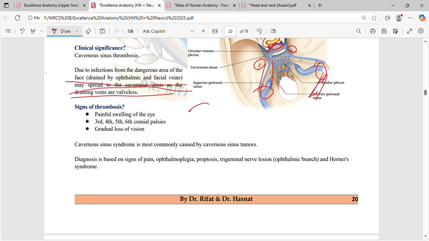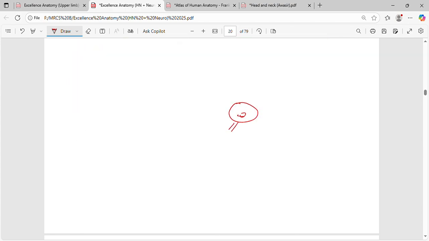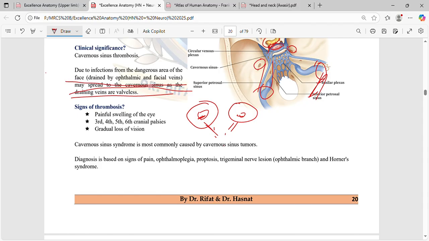You will have a painful swelling of the eye, third, fourth, fifth, and sixth cranial nerve palsies, ophthalmoplegia, and gradual loss of vision. Cavernous sinus syndrome is most commonly caused by cavernous sinus tumors. So tumors are the most common cause, not infections, but infection can also cause cavernous sinus thrombosis.